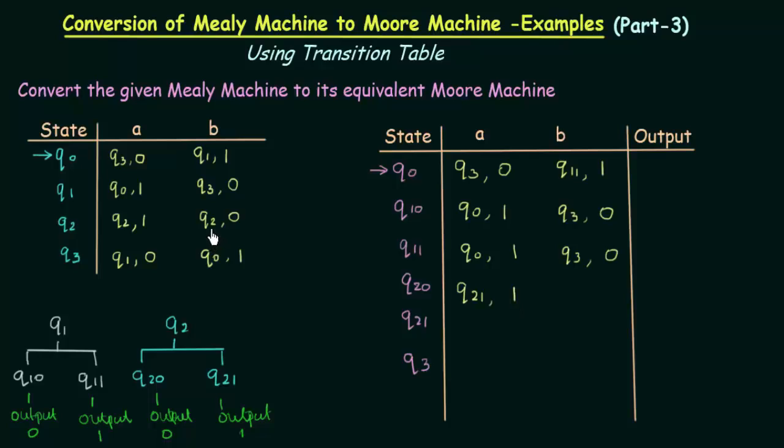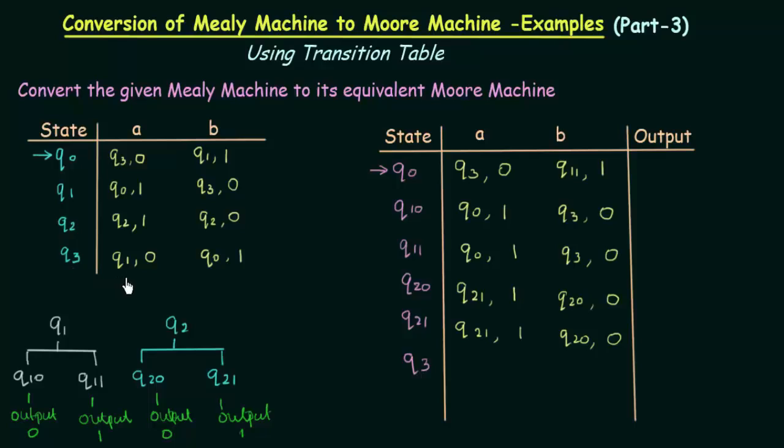And here we need the Q2 that gives output 0, which is Q20. And for Q21 also, you have to use the same row of Q2, so it will be the same as above, Q20 0.